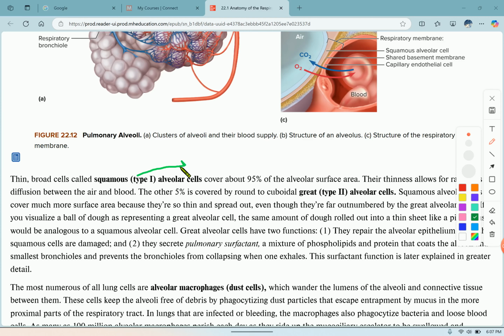The type 1 alveolar cells are what actually allow for gas exchange. And the type 2 alveolar cells are what release the surfactant. The pulmonary surfactant is a mixture of phospholipids, so fat and protein, and it prevents the bronchioles from collapsing on exhale.